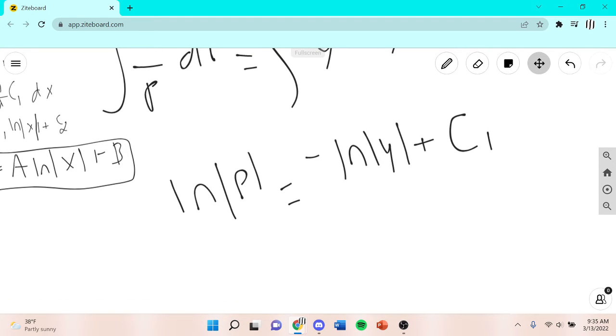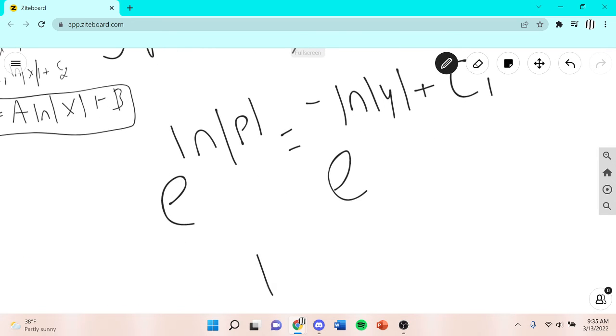I'm going to have to find out what p is equal to. So we're going to do e on both sides. So you're going to say that the absolute value of p is equal to, well, to make this easier, we're going to make this 1 over y.